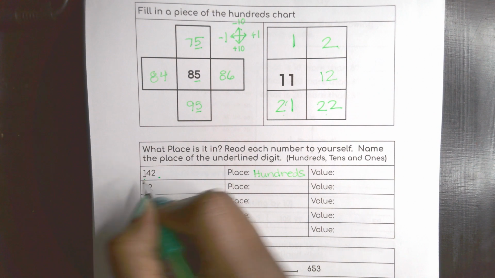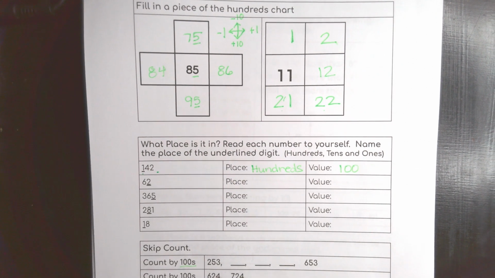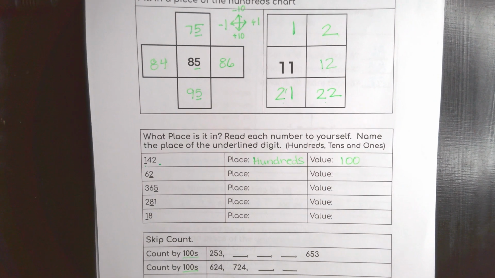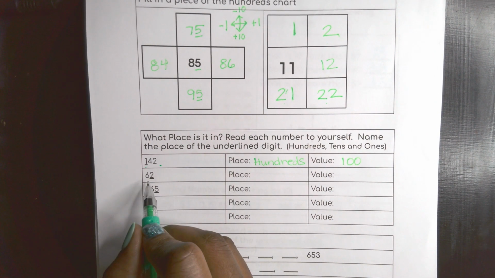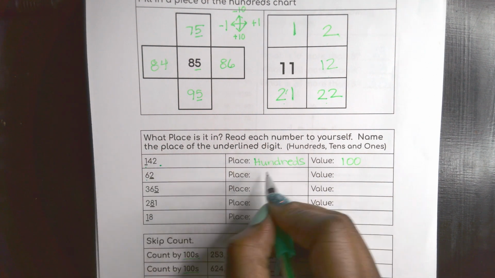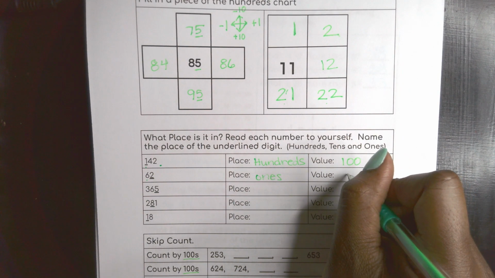And the value is 100. Here I have 62. I only have two place values here, the tens and the ones. The place is the ones place, and the value is 2.